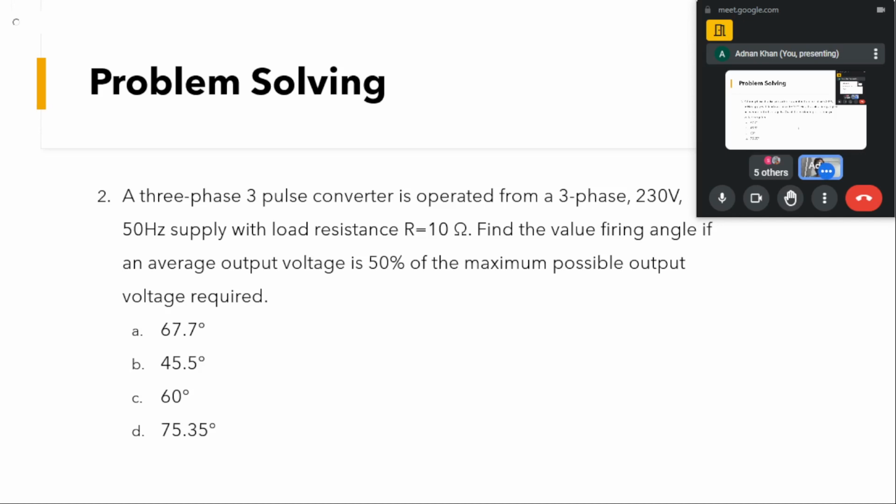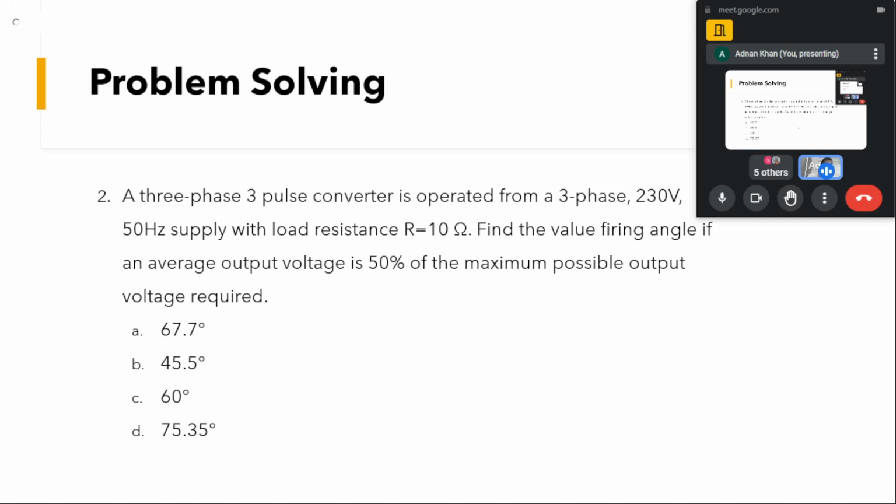It is a 3-phase half wave rectifier, 3-phase half wave converter. Also what is given is we have a load resistance of 10 ohm. What we have to find is the value of the firing angle if an average output voltage of 50% of the maximum possible output voltage is required.